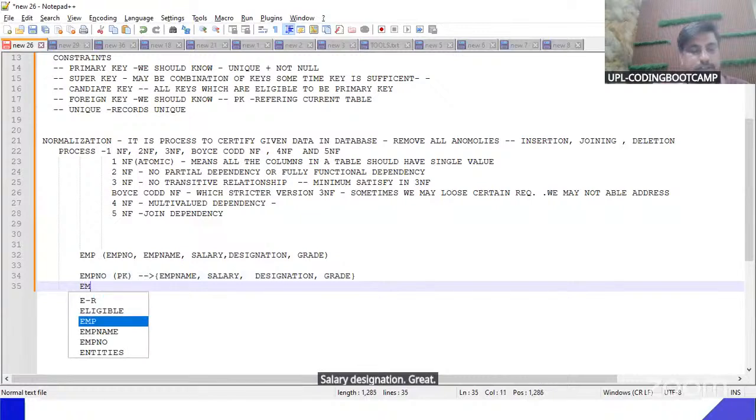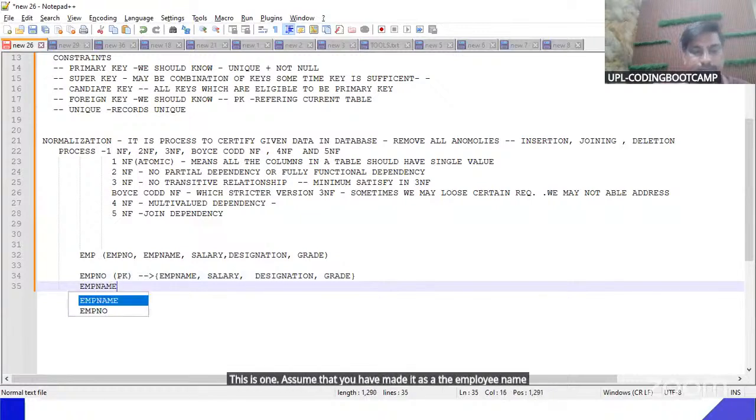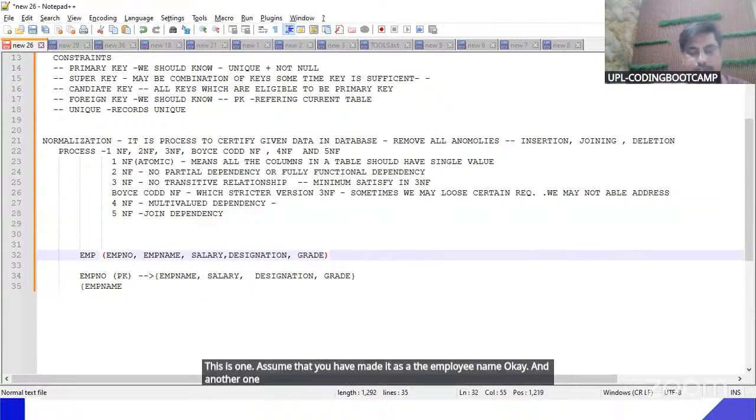This is one. Assume that you have made it as employee name, and another one I will do as a department number for the time being.